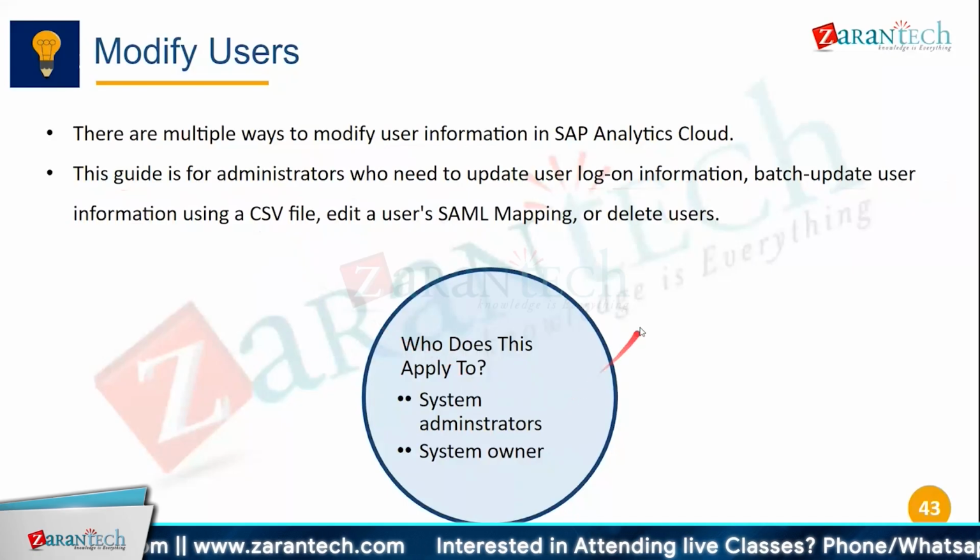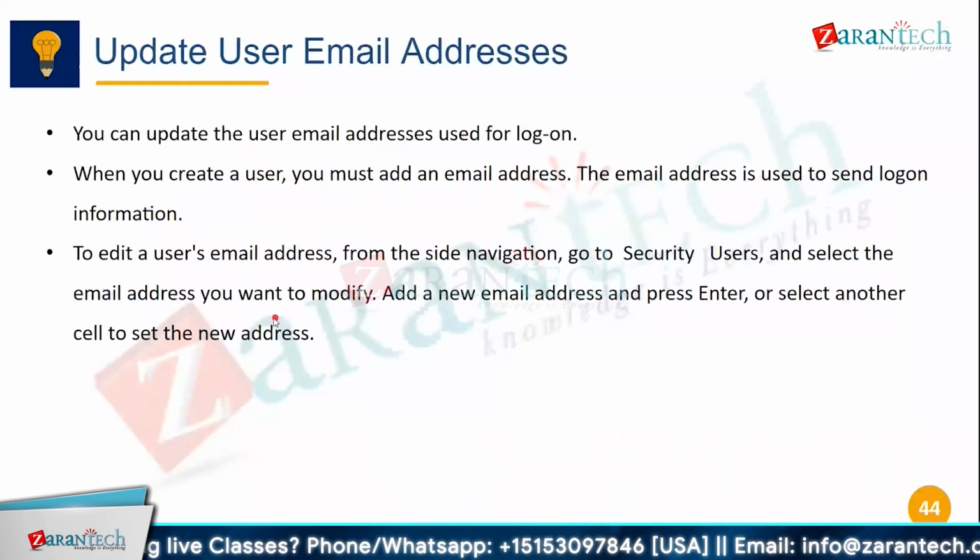And also you can use the manual way, where we have seen the select option and the edit option. Who does this modification of users? Basically, system administrators or system owners will only be allowed to modify users. Among the different entities we can modify, you can update the email address.